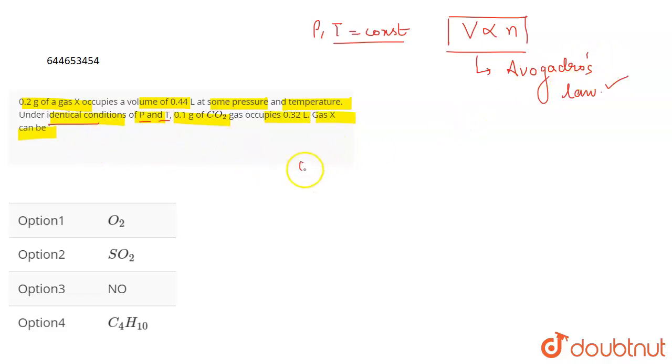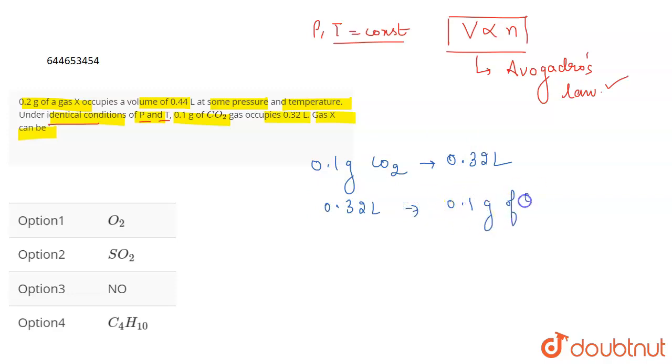Now it says that we have 0.2 gram of gas X, and as we have CO2 here, we'll start with CO2: 0.1 gram of CO2 occupies 0.32 liters. Which means that 0.32 liters is equal to 0.1 gram of CO2.